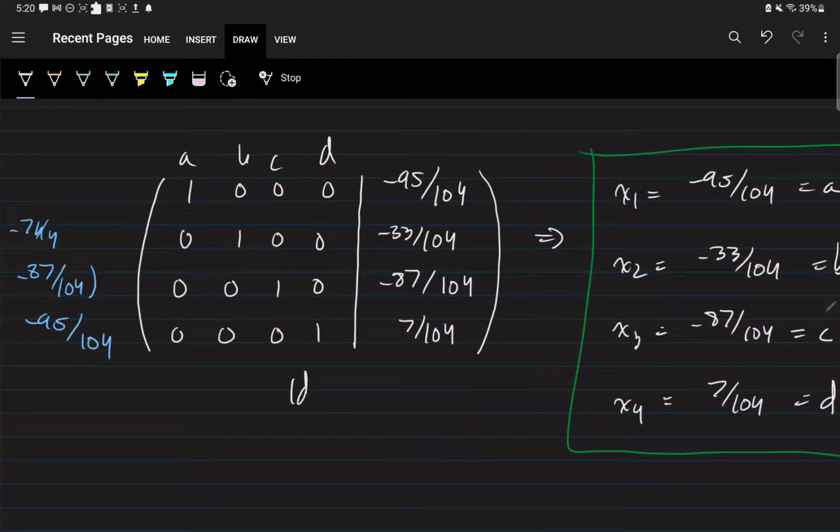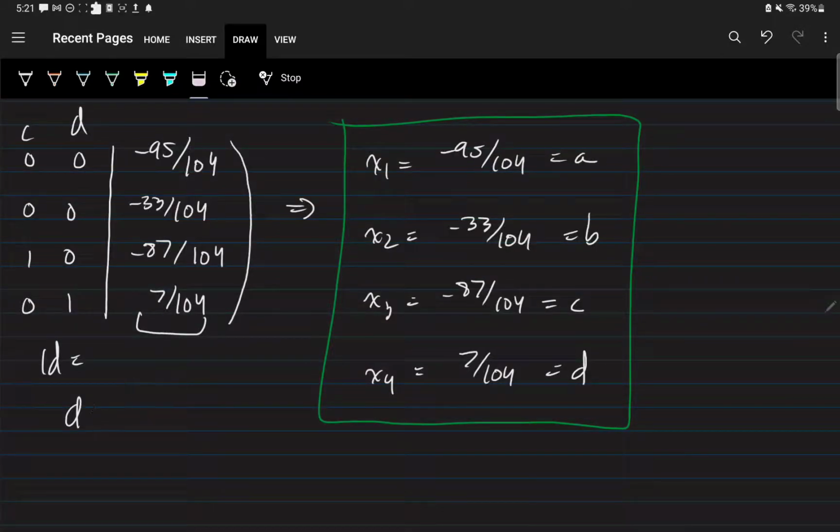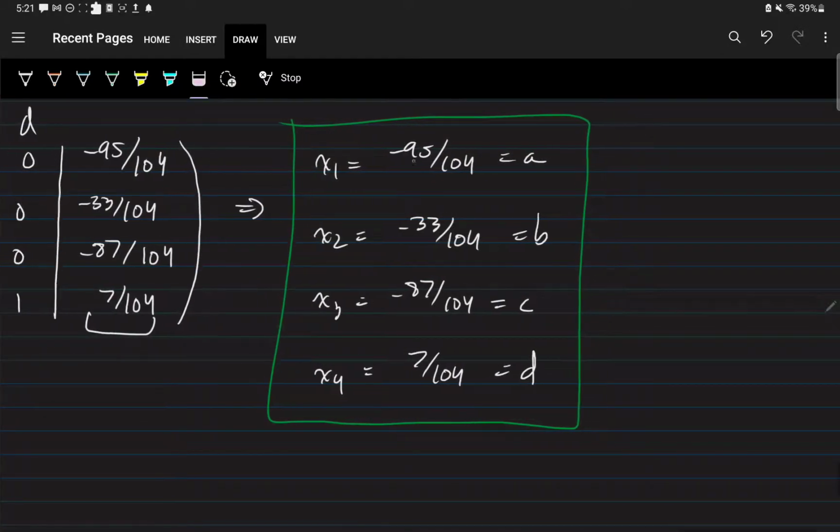Therefore, if 1d equals this number over here, then d itself just equals 7 over 4. Similarly, I had written this here, that x4 equals 7 over 4 equals d. And like I said earlier, a is the same thing as writing x1, b is the same thing as writing x2, and so on, until you get to d equals x4, which is why I wrote x4 equals 7 over 4 equals d over here.